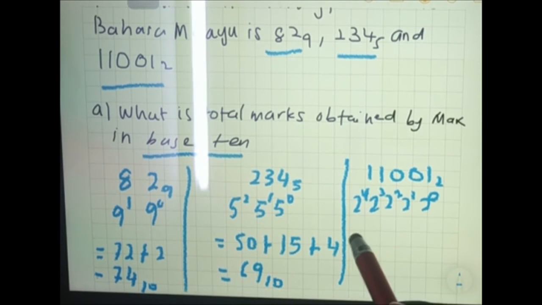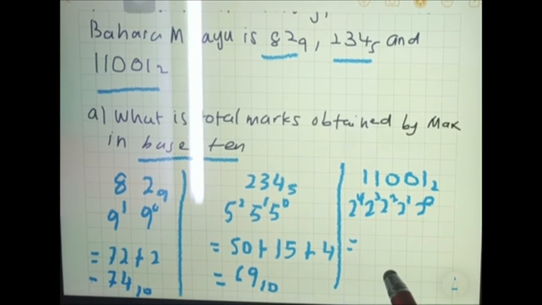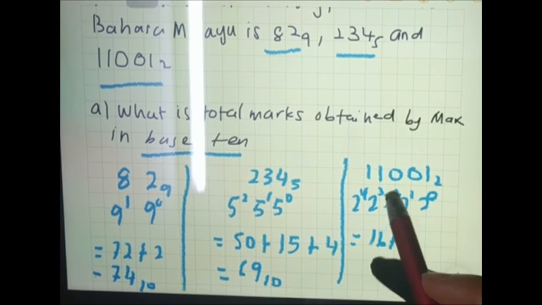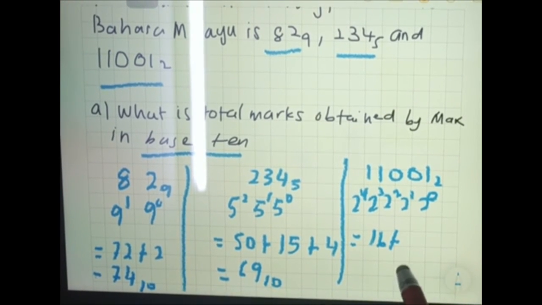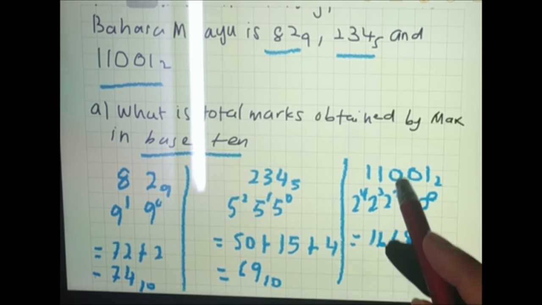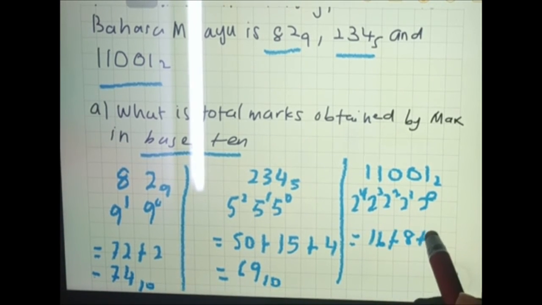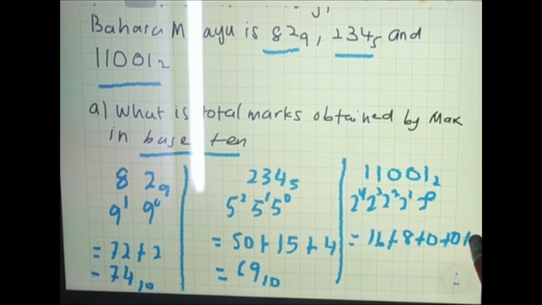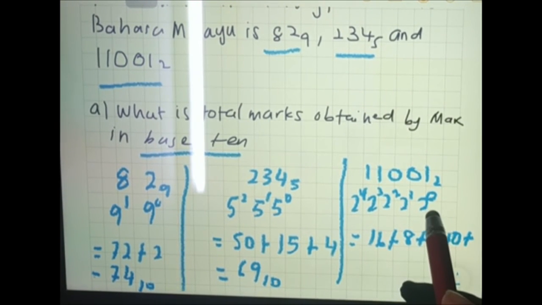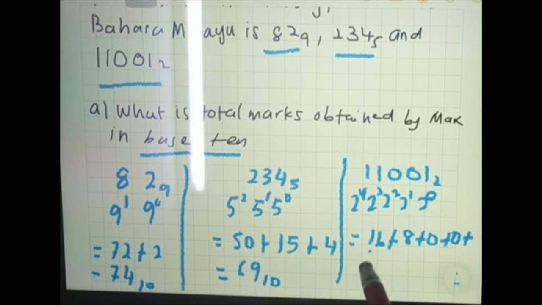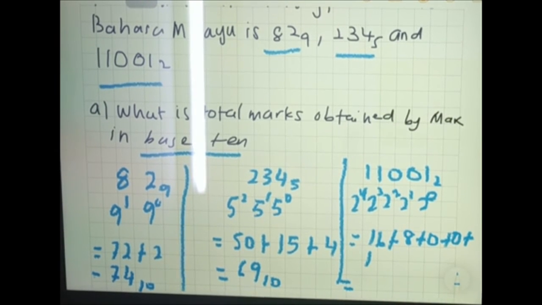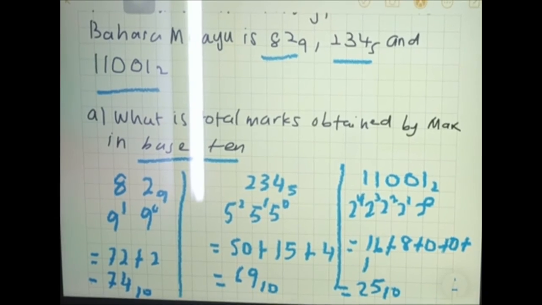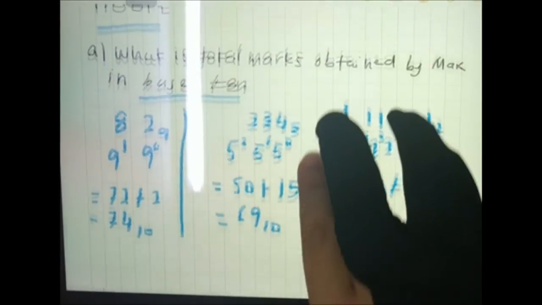Okay. 2 power of 4 is 16 times 1, 16. 2 power of 3 is 8 times 1 is 8. 2 power of 2 times 0 is 0. 2 power of 1 times 0 is 0. And 2 power of 0 is 1 times 1 is 1. So our final answer would be 25 base 10.